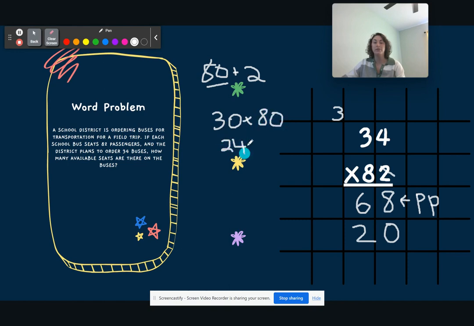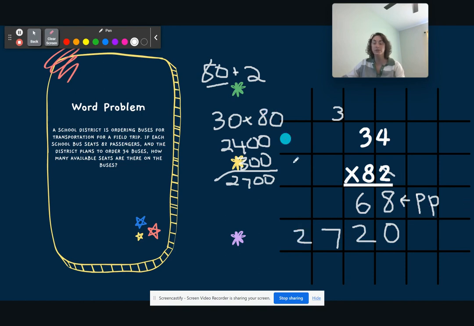And then we have that 300 from before. So we're going to add that 300, which is 2700. So when we're putting it in here, we want to make sure that our 7 is in the hundreds place and our 2 is in the thousands place. So that everything is lined up, we know our number is going to be accurate.